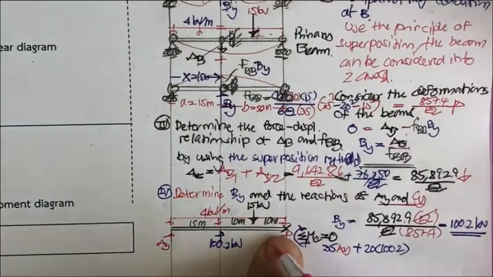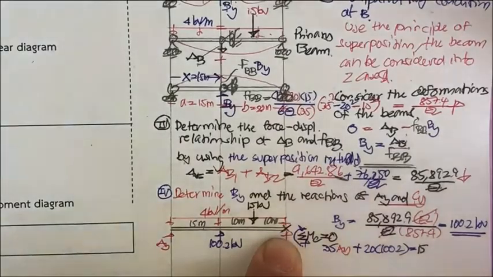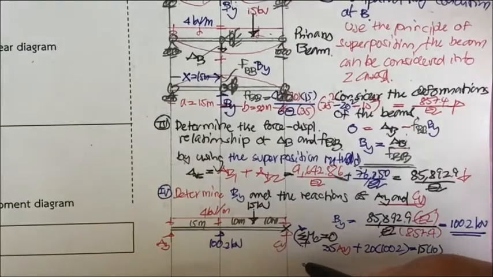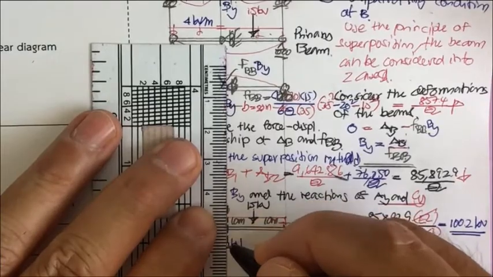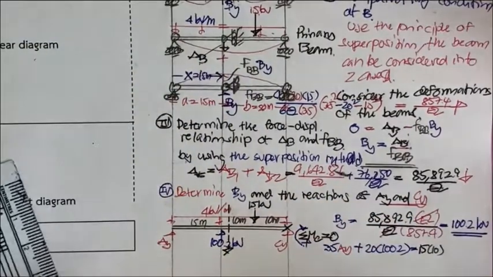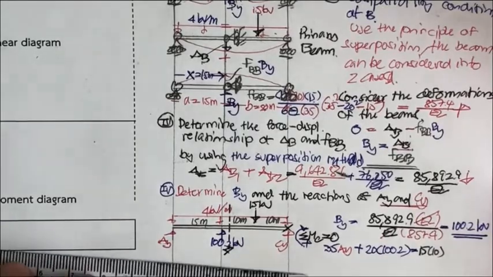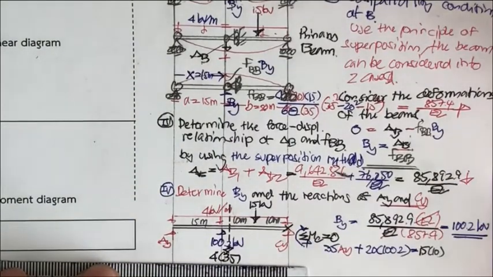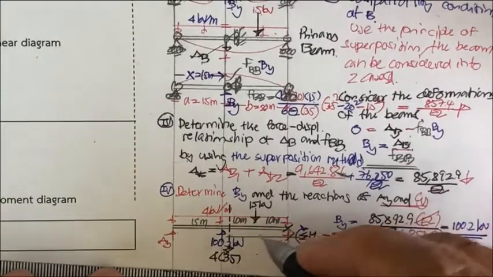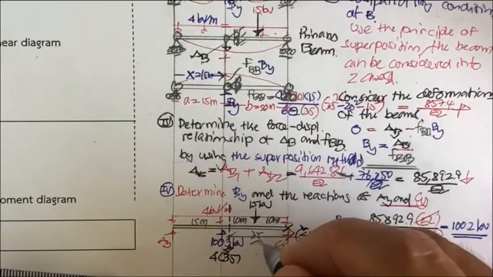And the opposite is this one, 15 times 10, which is counterclockwise. And this one is going to have the resultant force. The resultant force of this is going to be 4 times the total of 35. And what we have here is going to be 35 divided by 2.